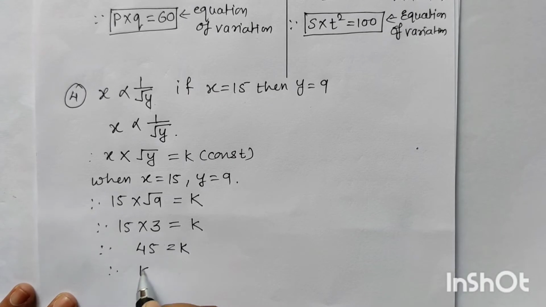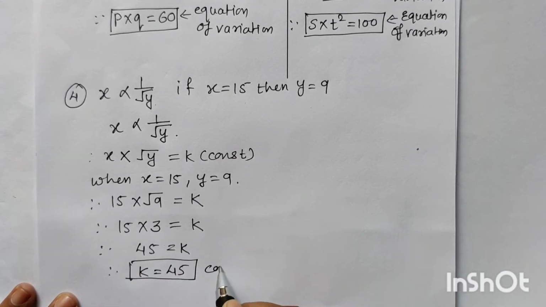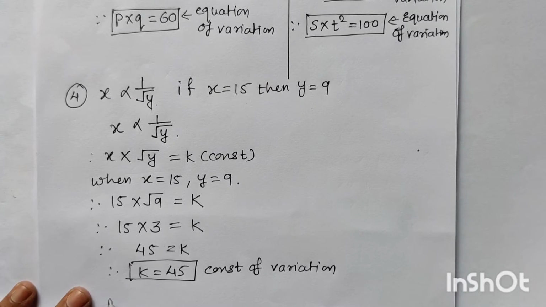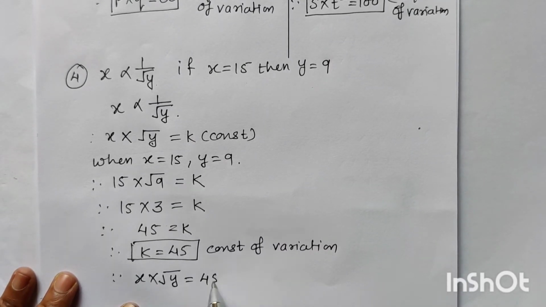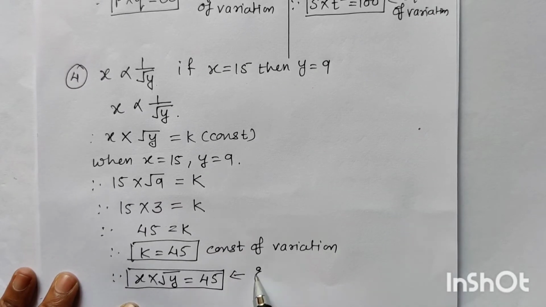So k is equal to 45 is the constant of variation. And what is the equation of variation? x multiplied by square root y is equal to 45 is our equation of variation.